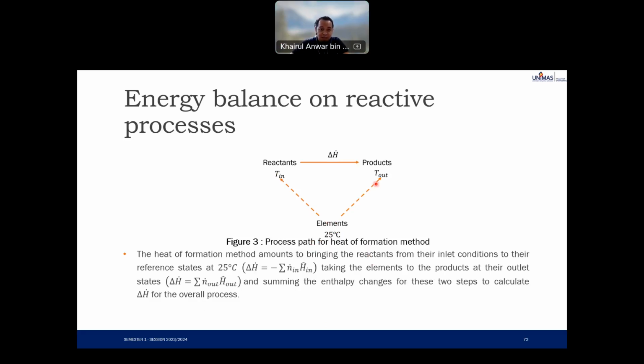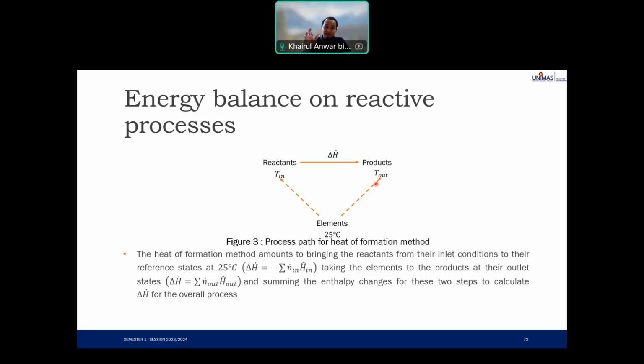So when to choose which one? Heat of formation, you can choose whether the question gives delta HR or not. It is universal. But if you want to use the heat of reaction method, the first method, the question must give you that delta HR.